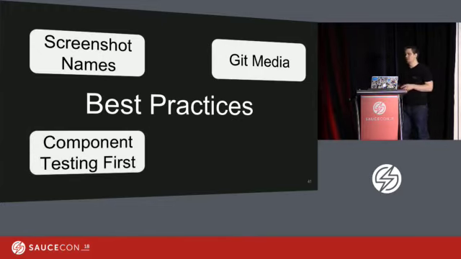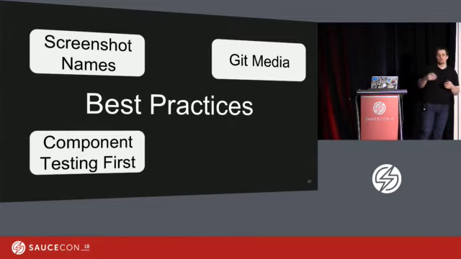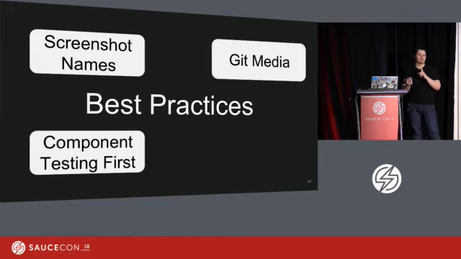Component testing first. Always focus on components first. Don't go to the page snapshots and screenshots right away, because a big problem with visual testing itself, whether it's native, hybrid or responsive apps, is things like dynamic content or animation. To tackle those, you can change the threshold of failure that you accept, basically the difference percentage which I showed a couple of slides before.